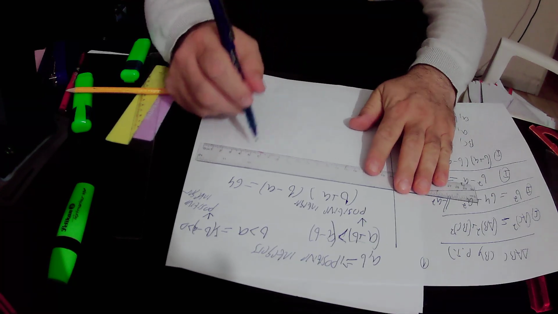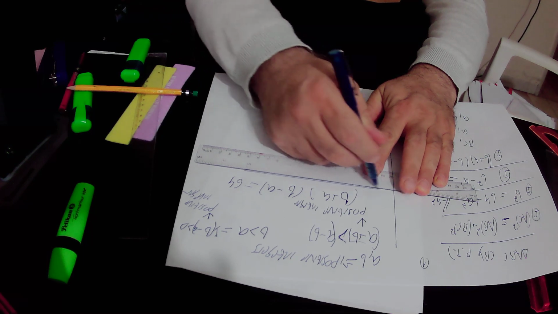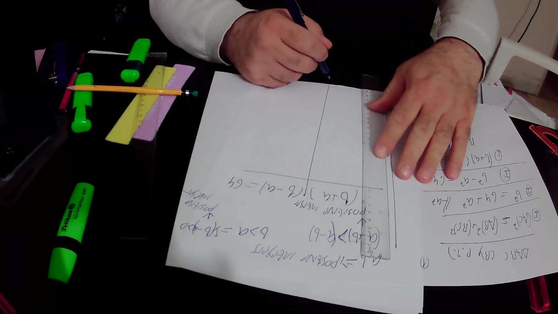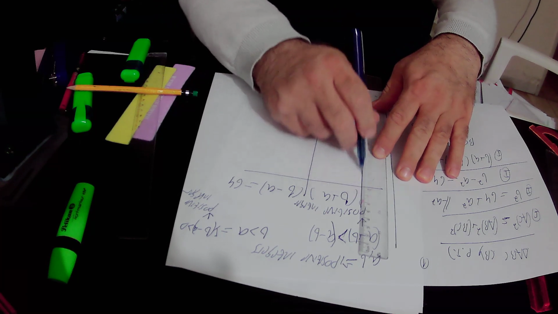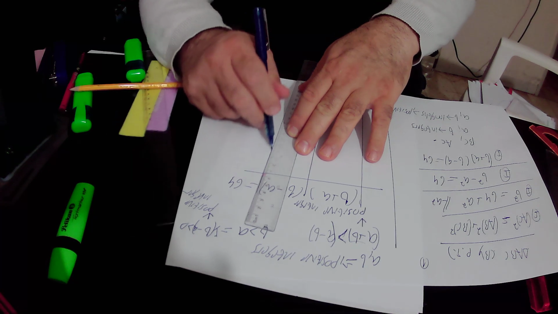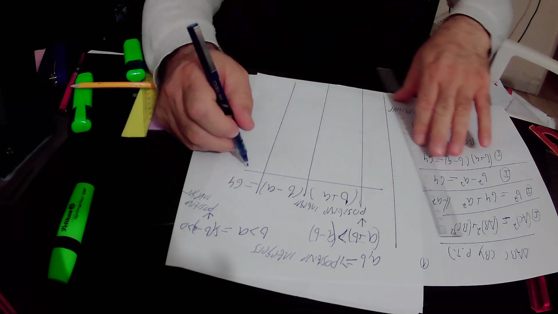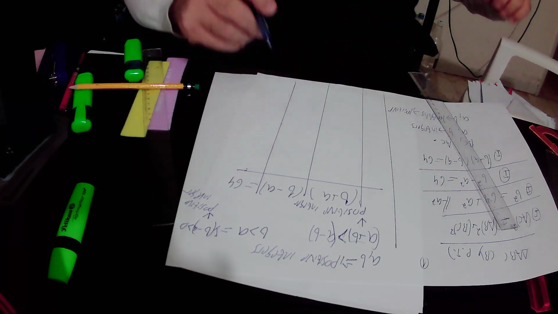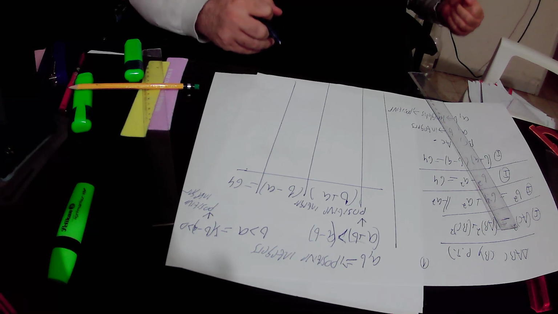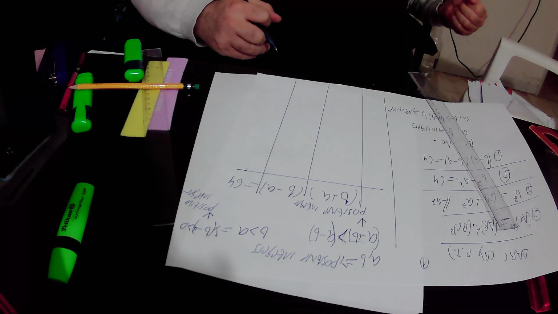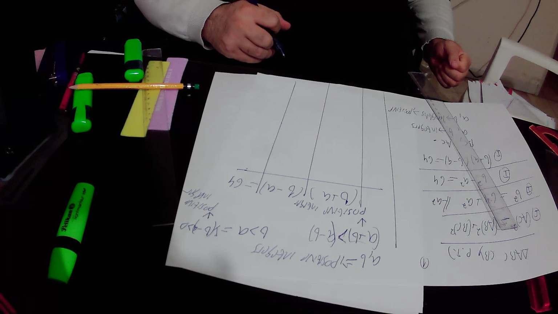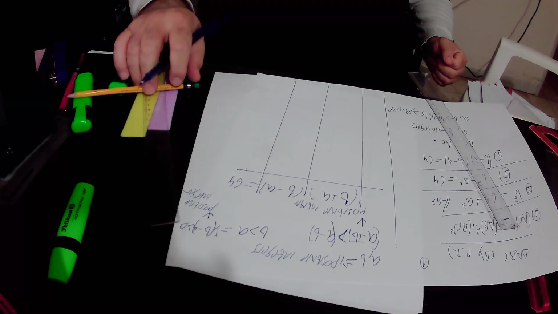So here we have to find two positive integers that when we multiply them by each other will give us 64. Which two positive integers do that? There are very limited options here.